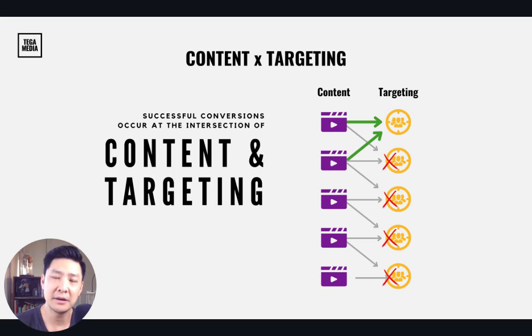It also allows these audience groups to raise their hand and say, hey, I'm looking for a chiropractor right now, and I'm trying to find one that I trust. So the right content and the right targeting is like a recipe, and that's what we're after.